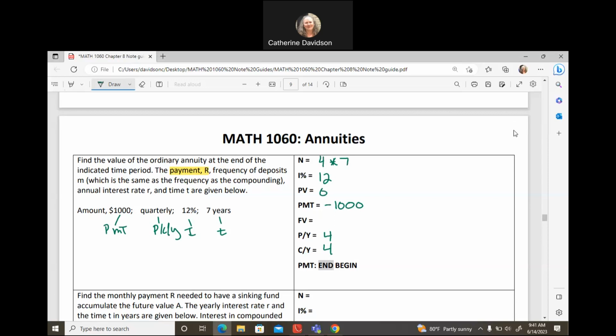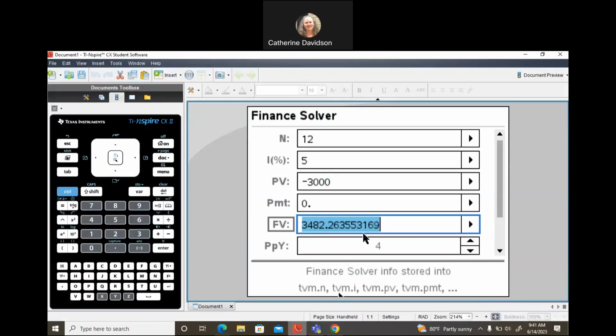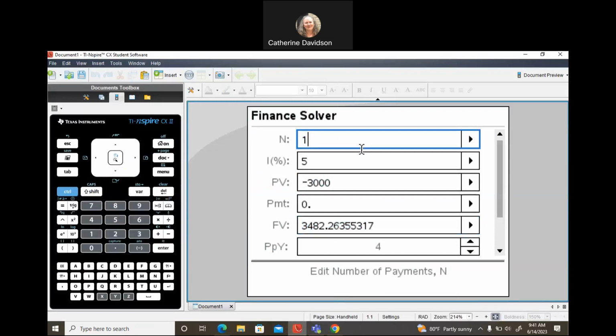When you open the account, you start with nothing in there, and future value is what we're going to solve for. When we make payments every 3 months into this account, how much will we have at the end of 7 years? Just putting everything in.